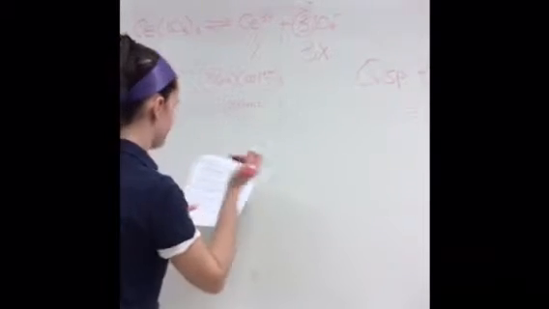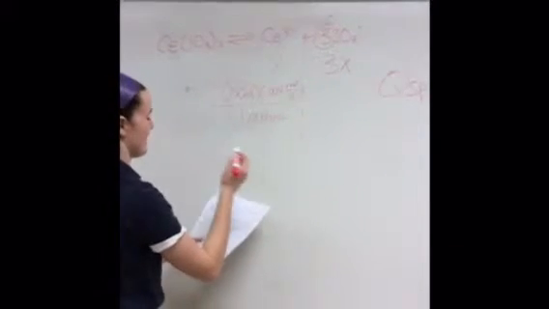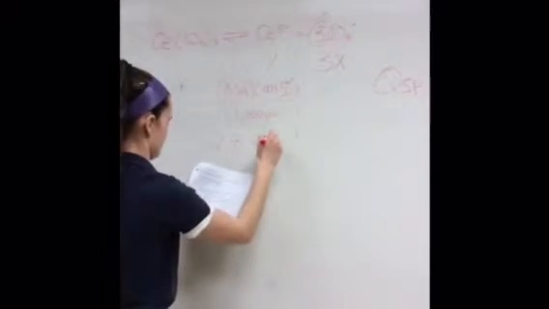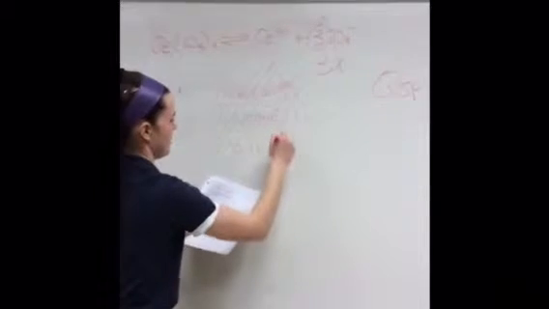So then take that, and the liters here and the liters here cancel out, and then the milli here and the milli here cancel out. So you end up with 2.8 times 10 to the negative 3 moles per liter.